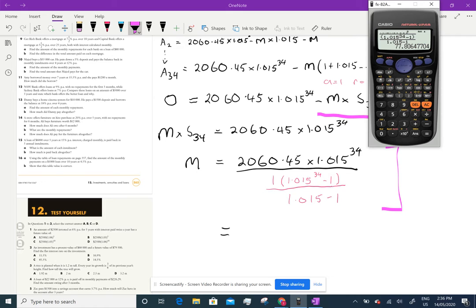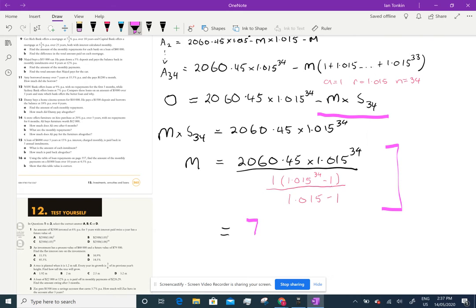Now, well, I've got exactly the same answer, which surprises me. That's 77.81, which is what they got. And maybe the $60 is inconsequential. 77.8064.